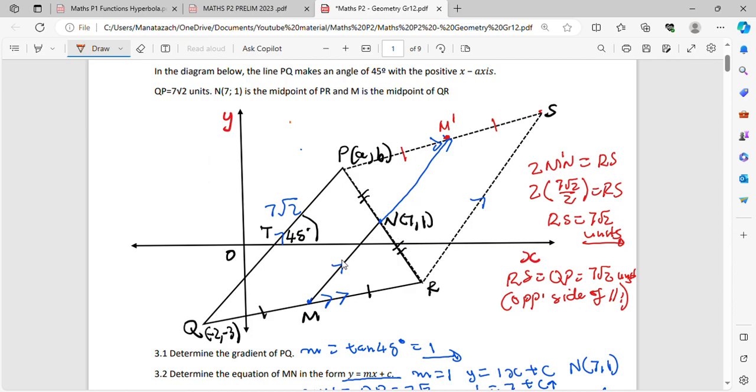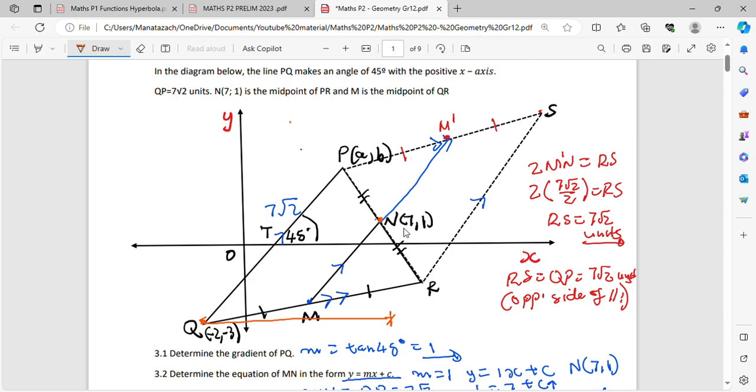Okay, so we know that we have two coordinates, Q and N, and the horizontal distance between these two is going to be the distance.